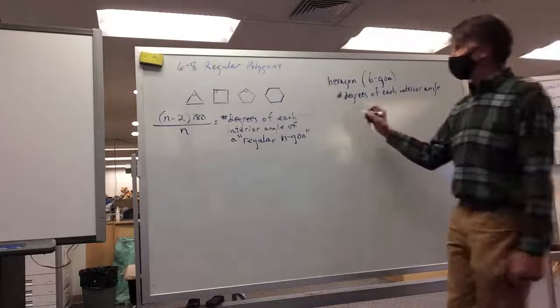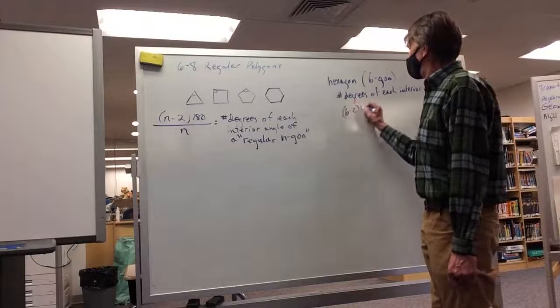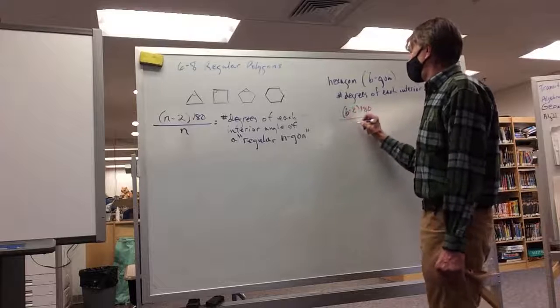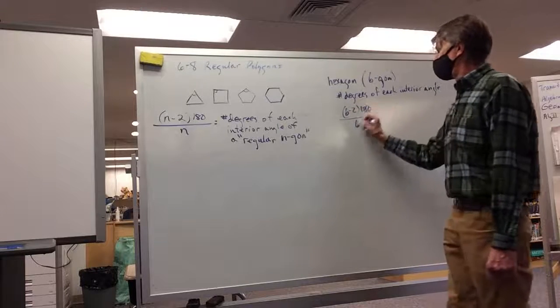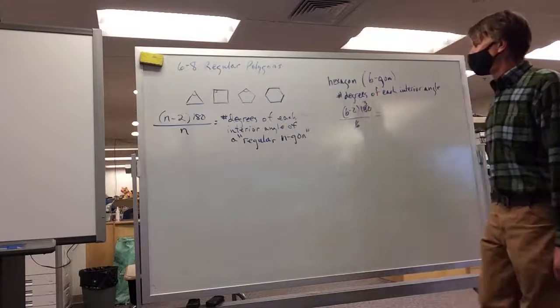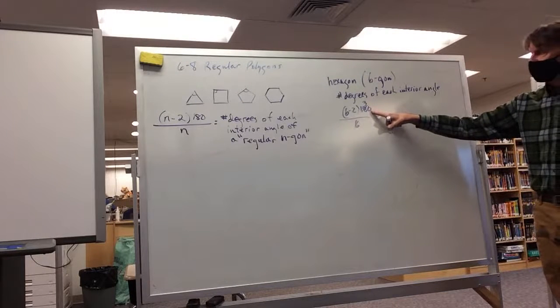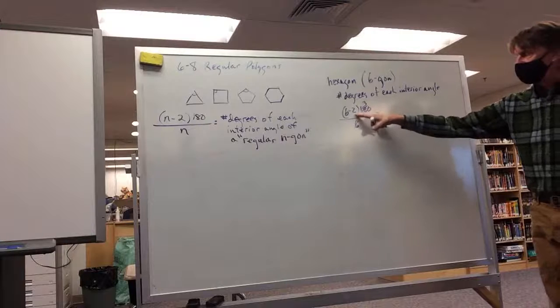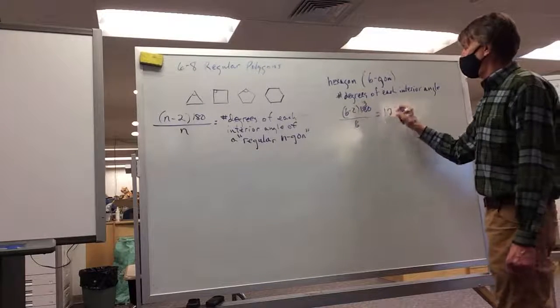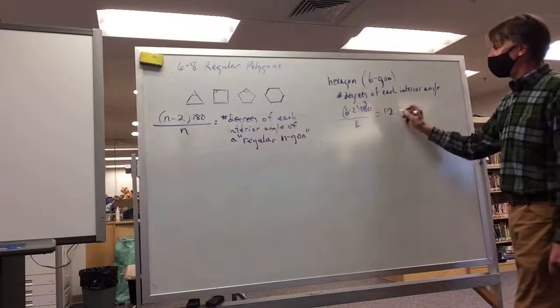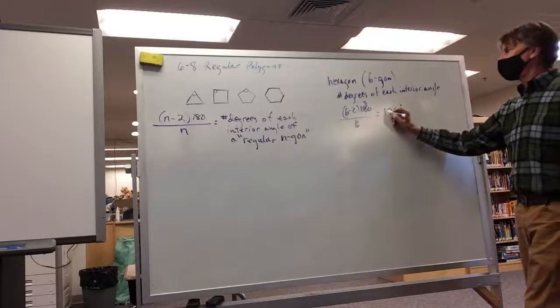Is it 120? 180 divided by 6 is 30. 6 subtract 2 is 4, times 30 is 120 degrees.